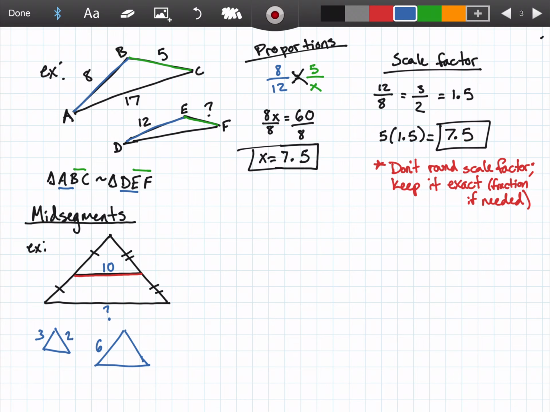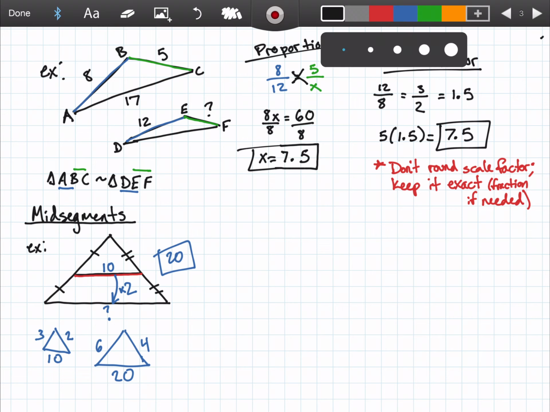Well, hey, there are twice as many on the other side, so that'd be 4. So that means if this one is 10, drawing not to scale, it's fine. Oh, well that means it's 20. Because really, all we're doing here is we're timesing it by 2. So we get 20 as our length. And so that's really basic with numbers.